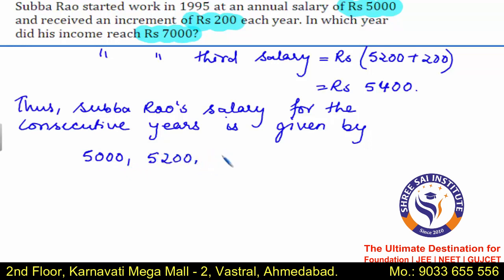His third salary is 5,400, and so on. And we have to find in which year did his income reach rupees 7,000.